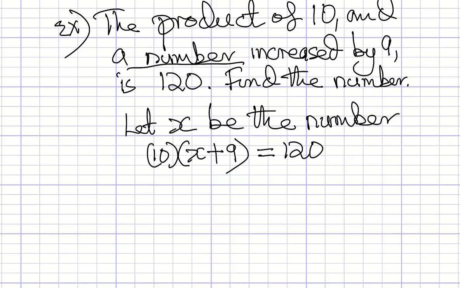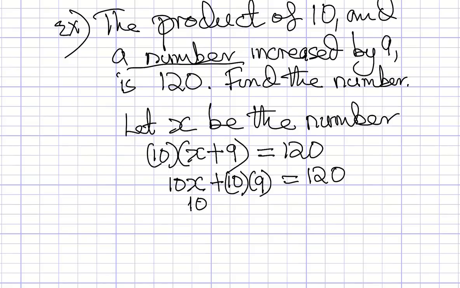But first of all, we're going to get rid of the bracket. So we'll say 10 times x plus 10 times 9 is equal to 120. That's what is given. And then we simplify: 10x plus 90 is equal to 120.